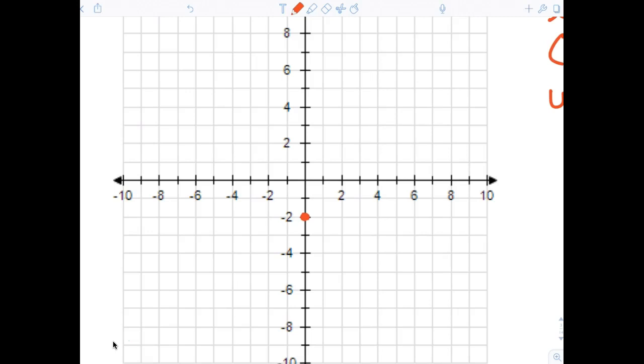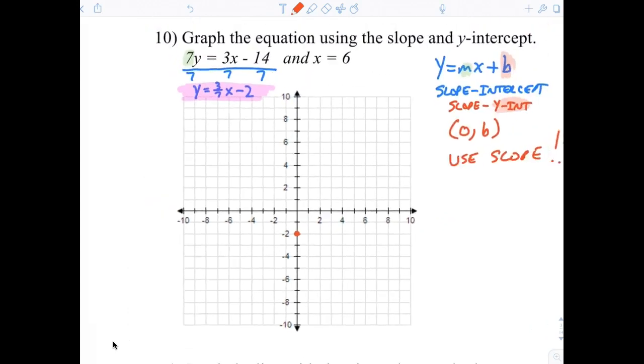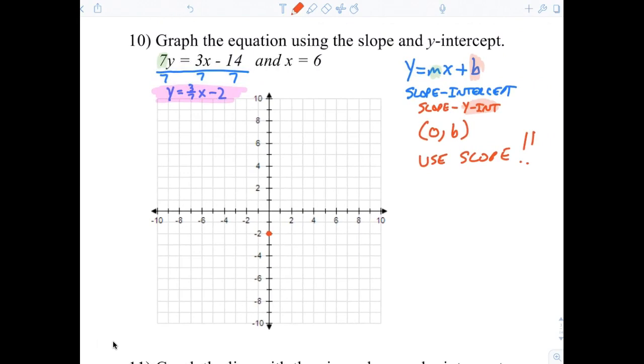And once I've plotted the point 0, -2, I'm now going to use the slope. What is the slope again? 3/7. Now, some people accidentally put x with the slope. Slope has nothing to do with the x. It's just the ratio in front of x.